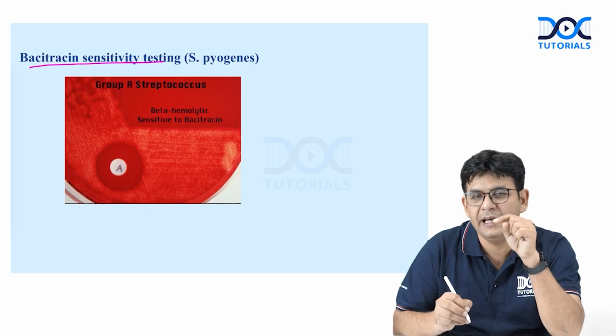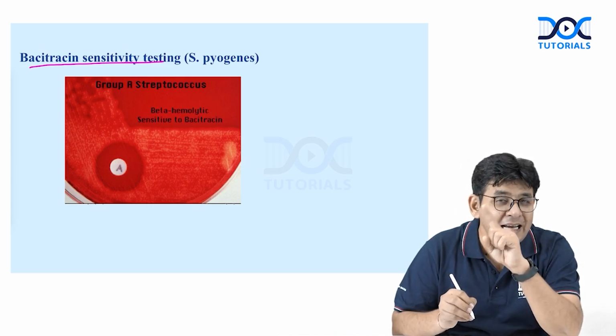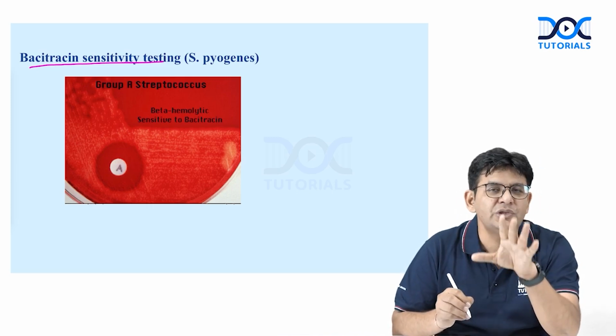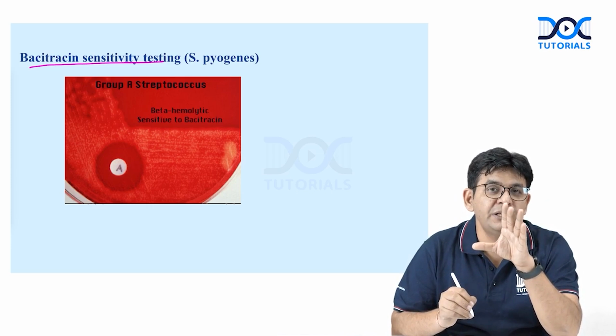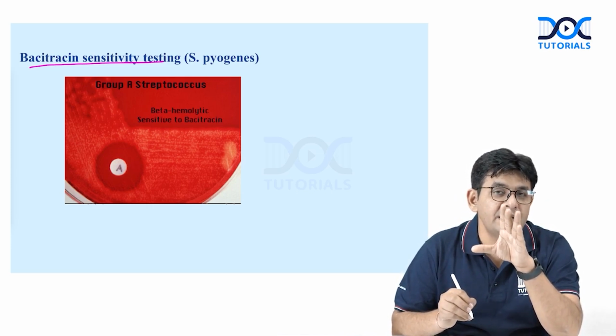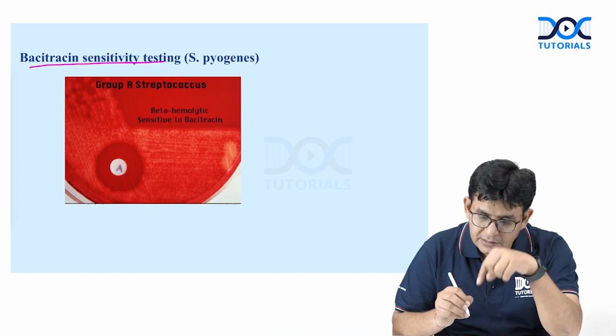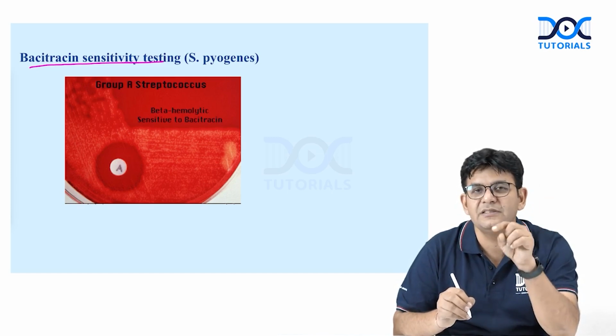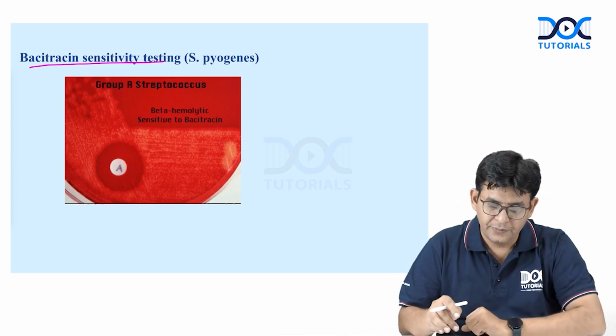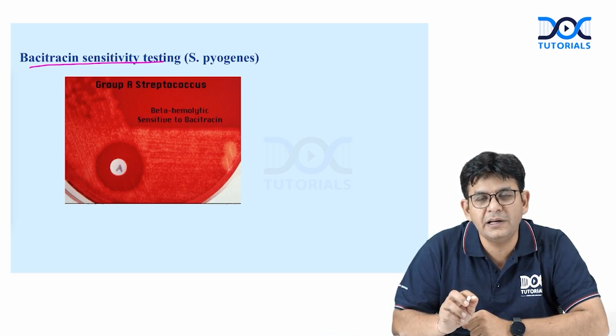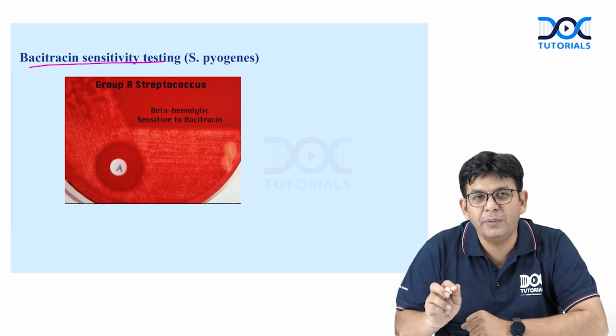Streptococcus. Then only it will be able to perform this test. Or you can directly do this test on blood agar. This question can come: which is an exception to the Kirby-Bauer disk diffusion testing, in which we do not do it on MHA, we can do it on blood agar. This is that exception because otherwise Streptococcus will not grow.